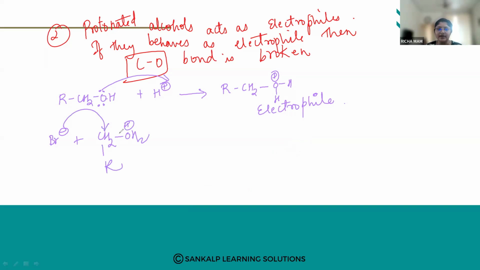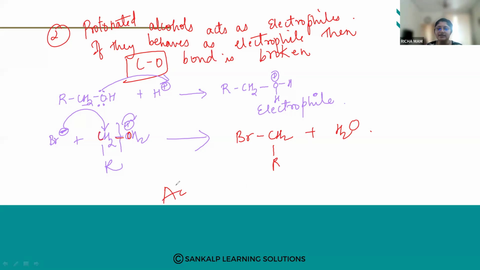The attack takes place and the bond is broken. We know that the electron rich species will attack this carbon and the C-O bond is broken. You can see this is the C-O bond which is broken, and the new bond is formed between Br and CH2R, plus H2O. Got it?